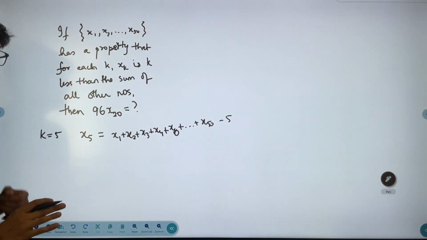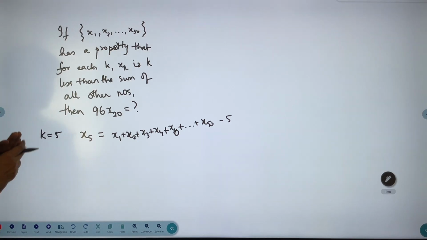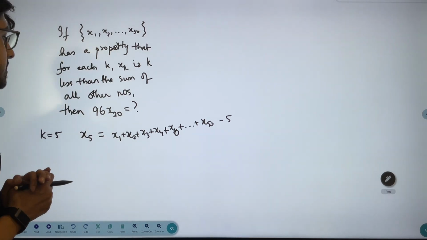So this is satisfied for each term. We have to find what 96 into x20 is.